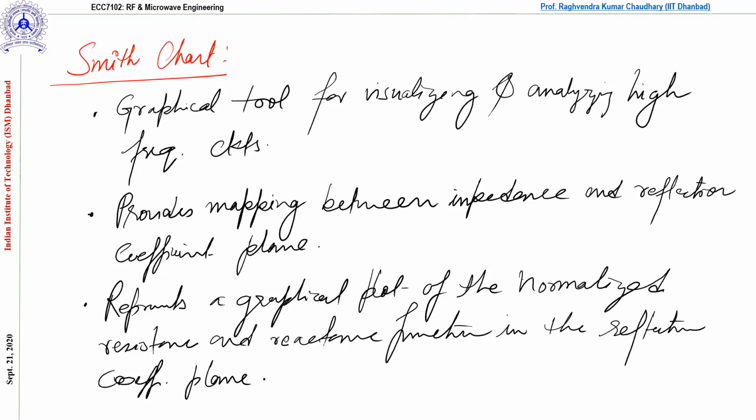What we have seen in the last classes, particularly the reflections at the load end and the source end, and with this reflection information we got a number of pieces of information for these transmission line circuits. So particularly we will be doing all sorts of exercises over the reflection coefficient plane.